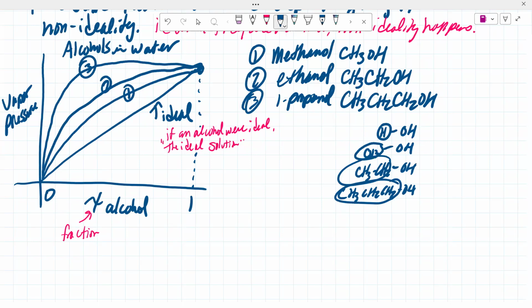As it gets longer and longer, it's going to be more and more of a hydrocarbon, which does not really like to be near water. The OH part is fine with it, but the CH3 part is not too happy to be in there because it's hydrophobic. And as you increase the fraction of alcohol, it's going to behave like this. So let's take a few notes.